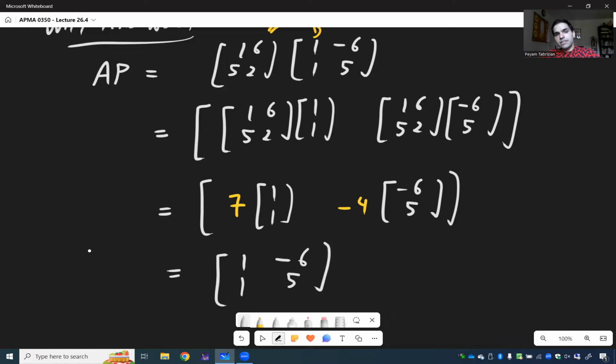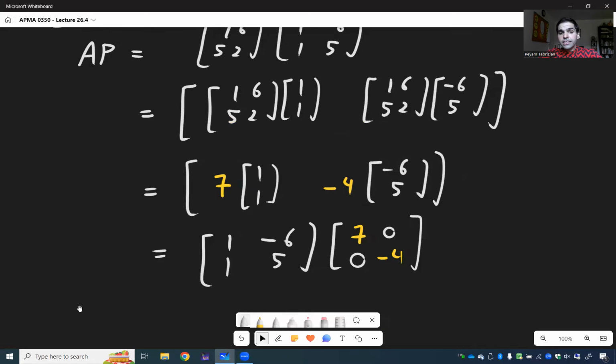So 1, 1, -6, 5, and then 7, 0, 0, -4. In fact, it makes sense if you do it from right to left. And this is the same thing in terms of our definitions as P times D.